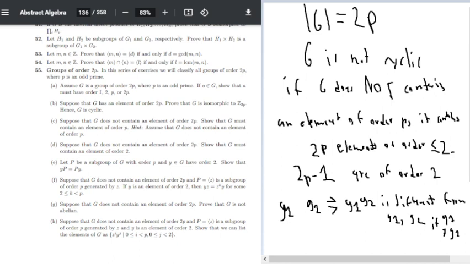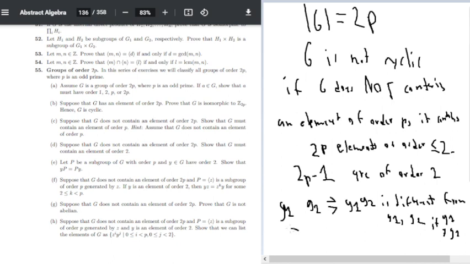So basically we have a process where first we pick G1, not equal to the identity, then we pick any other G2, and we form the set of, how do I best describe it?